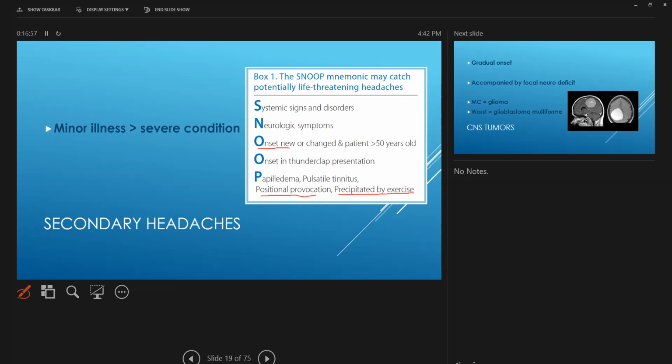I did a CT scan as I was using this SNOOP criteria, and I'll be darned, the kid had a brain tumor and went immediately to Seattle. So something to keep in mind. We see headaches a lot, so it gets easy to be passive with them. However, we need to use this criteria, and we need to really think about those keys that separate a normal headache from a concerning headache.